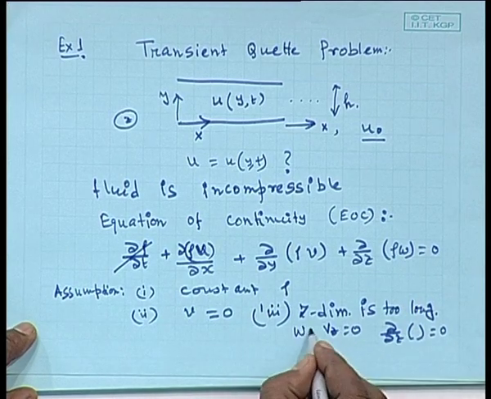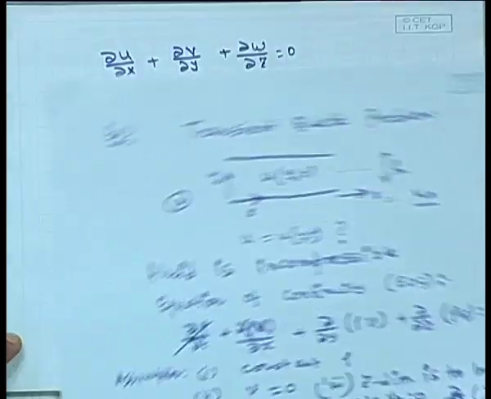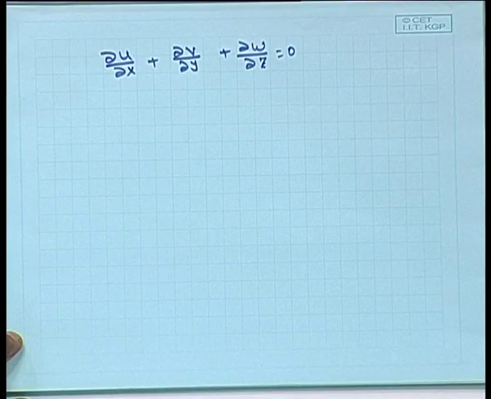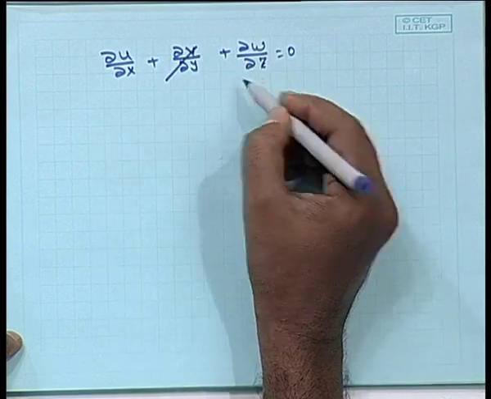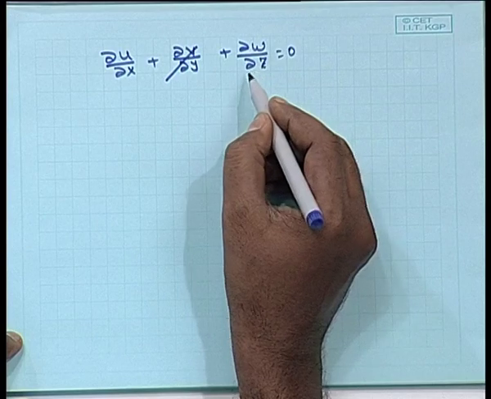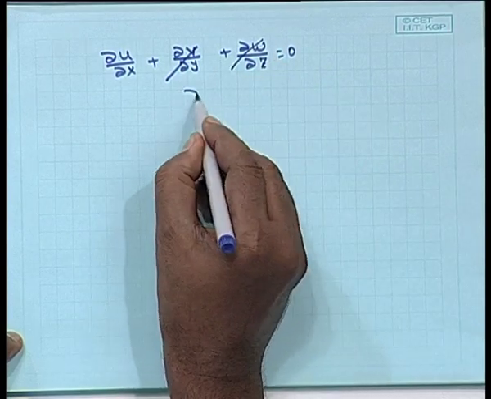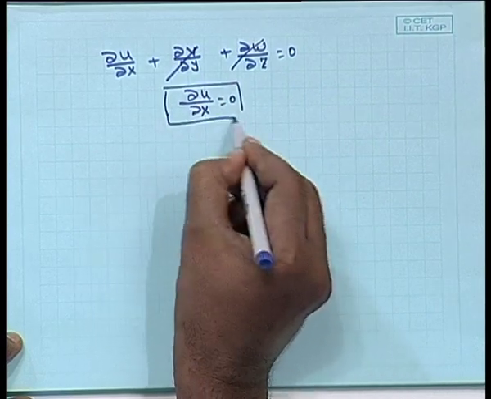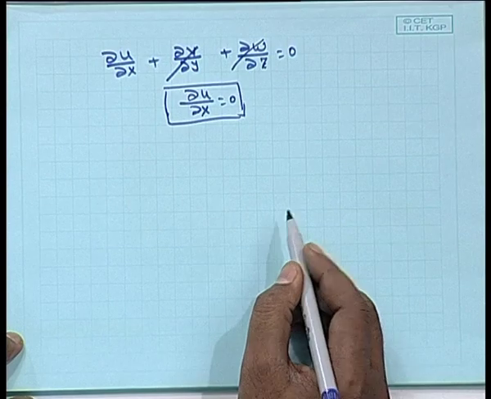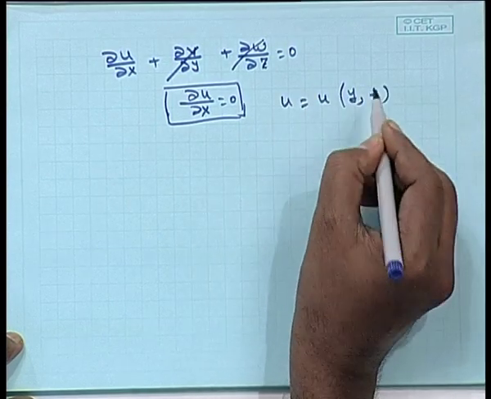They are identical; it is a notation only. Since v is equal to 0, this term will drop. Since the z dimension is too long, the w term will drop as well. So, del u del x equals 0, which you get from the equation of continuity. That means u will be a function of y and t only.